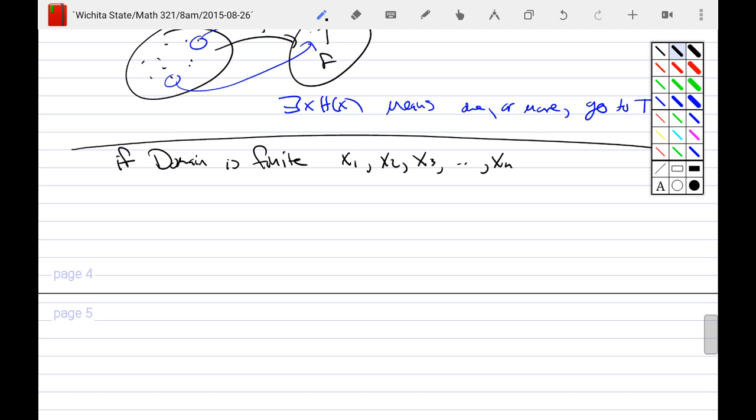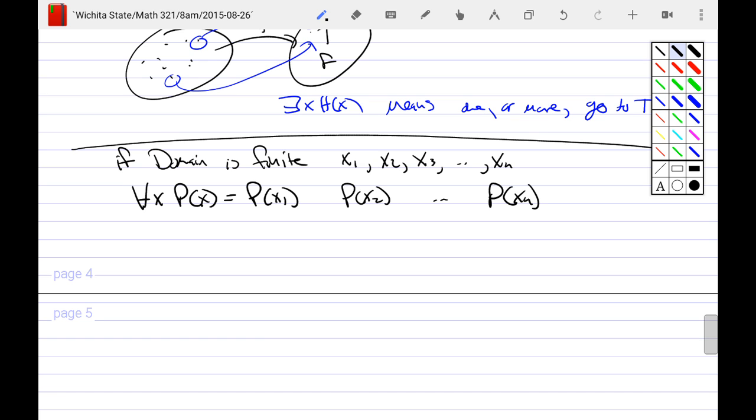So if I actually said, everyone in here hates Math 321, I could answer that question with a yes or a no by doing what? Going around the room and making sure everybody hated Math 321. If somebody said, I don't, then that's my counterexample. The statement would be false. Right? I could just handle it one at a time. If the domain is finite, then for all x, p of x is simply what? Check p of x1, check p of x2, check p of xn.